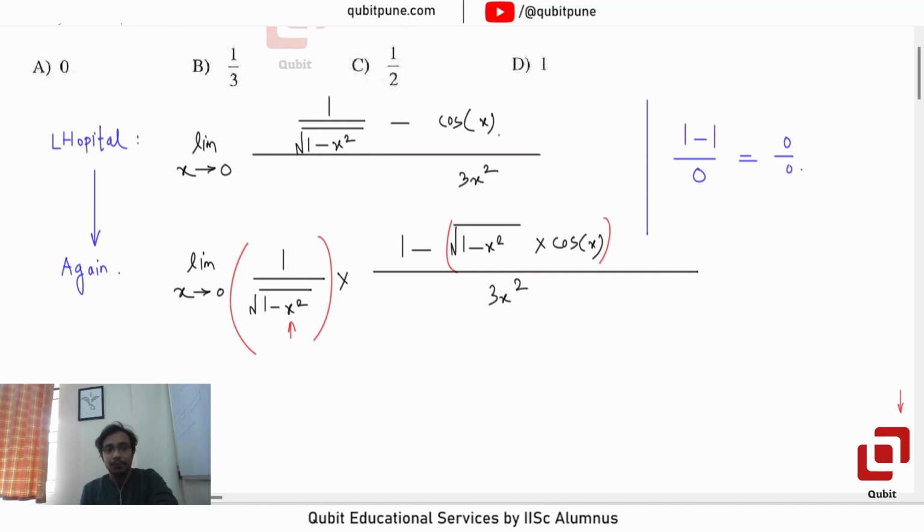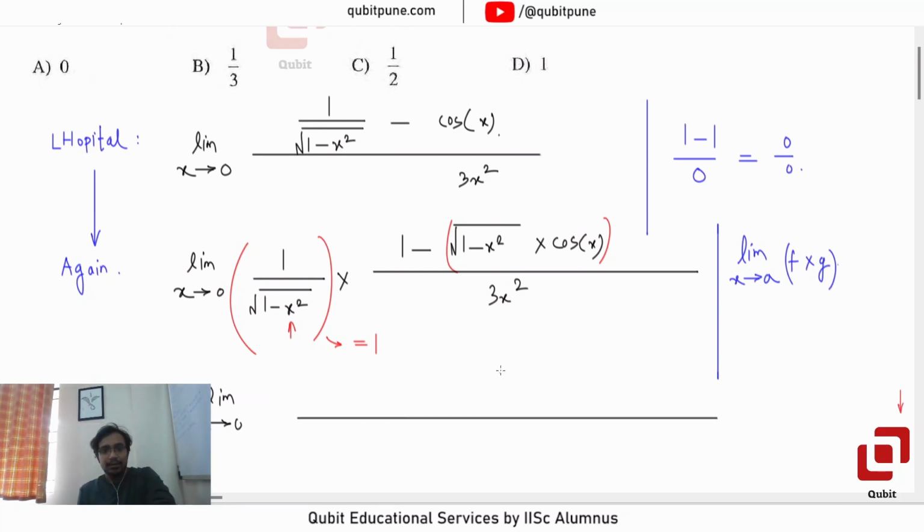And I know from algebra of limits that the limit as x tends to a of f into g, I can find the limits individually as long as I know that the limit of the product exists. So for this part I will put 1, and then let us apply the rule.